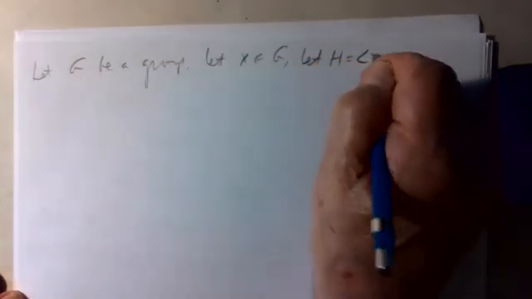So let G be a group, let X be an element in G, and let H be the cyclic subgroup of G generated by X. So this is a subgroup. And what we call the order of a group is the number of elements in a group.